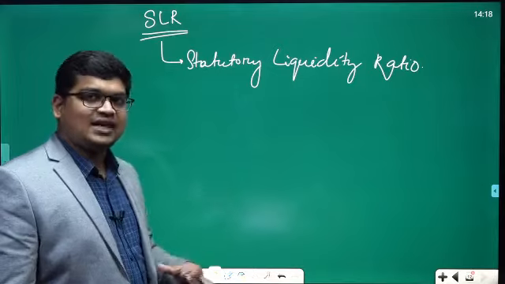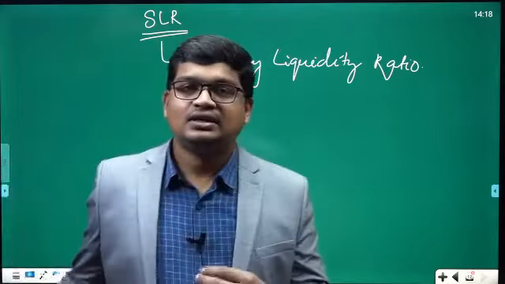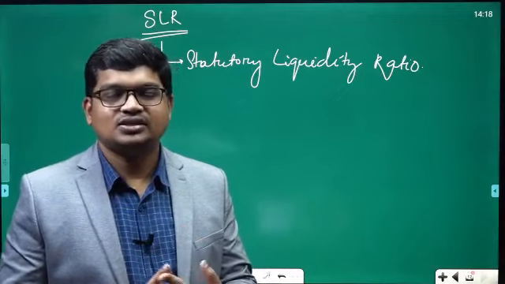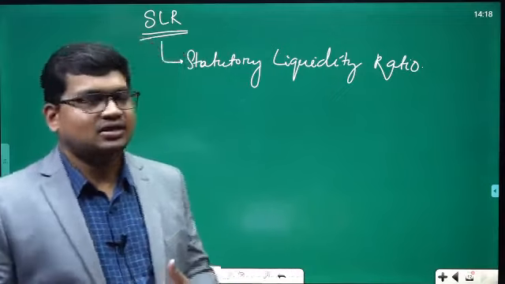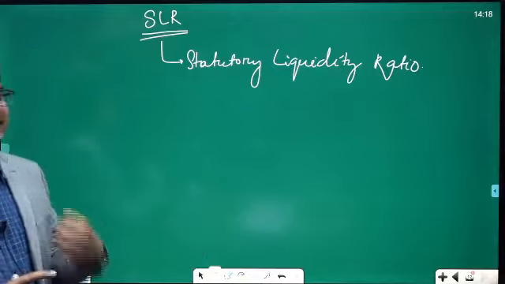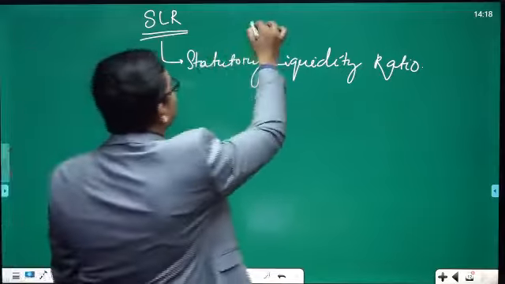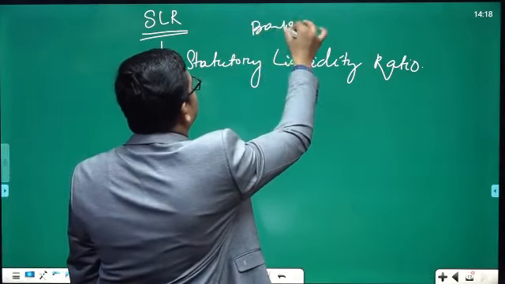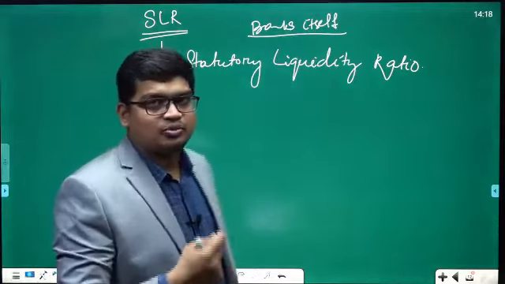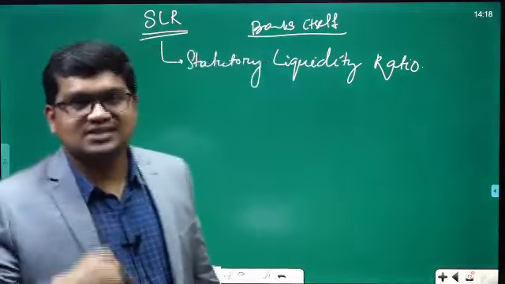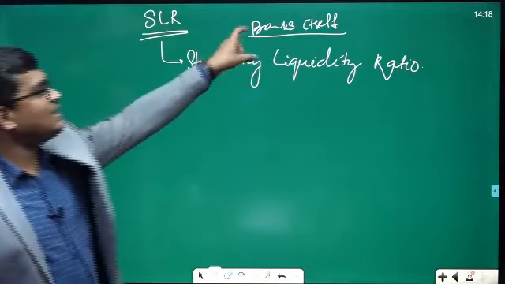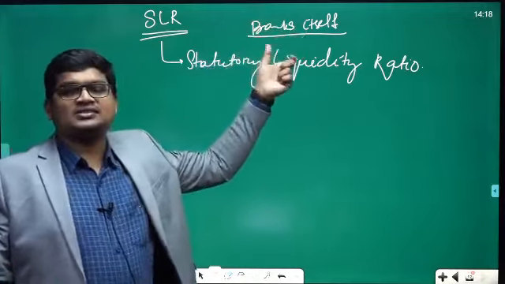In the case of CRR, we have discussed that it is maintained by commercial banks with the Reserve Bank of India, but in the case of SLR, these deposits are kept with the banks themselves. So the bank will keep those deposits with itself, whereas CRR is kept with the RBI.